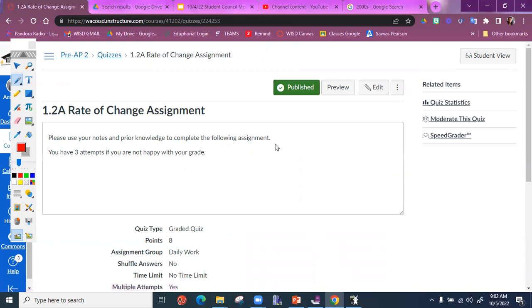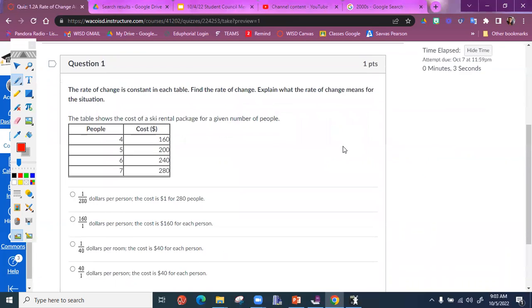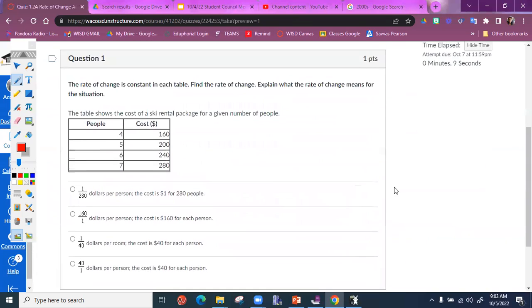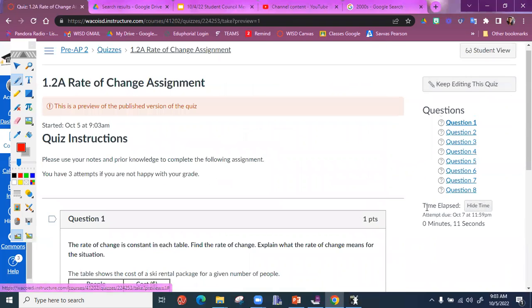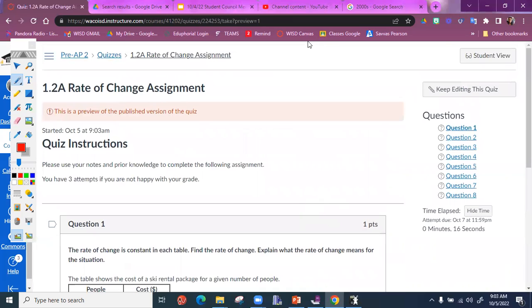So you're using your previous knowledge and your notes to go through and answer these problems about rate of change, constant rate of change at that. And there's 8 questions. If you're not happy with your grade, it says that you have 3 attempts to correct it. Okay. Are there any questions, comments, or concerns?